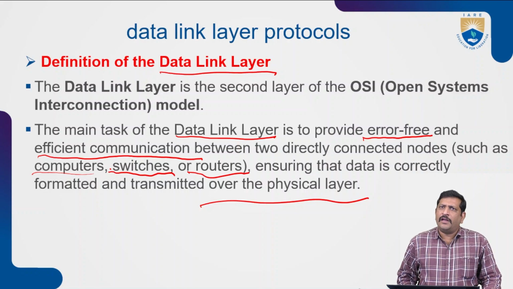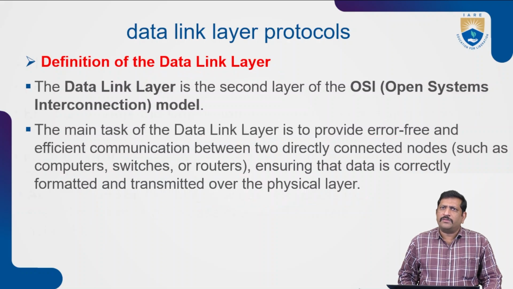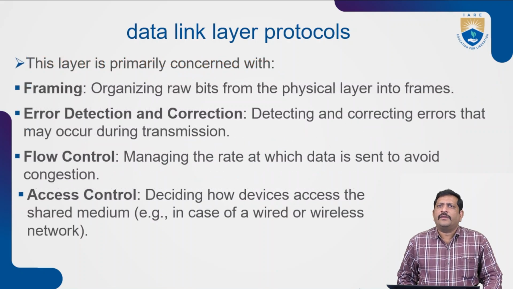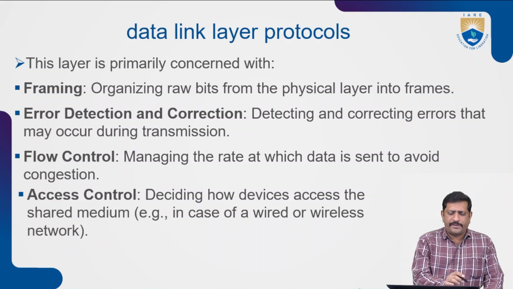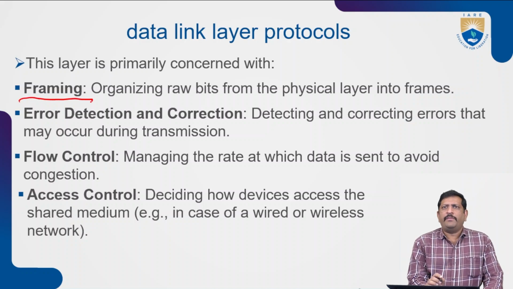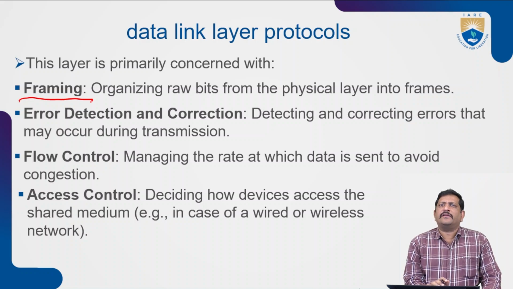The data link layer is the second layer of the OSI reference model. Generally, in the data link layer we consider the concept of framing.